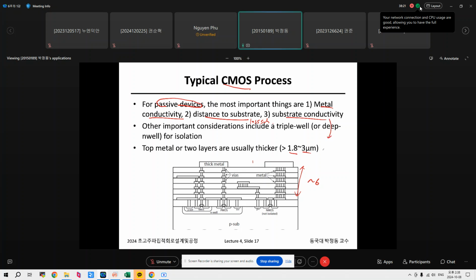Typically, substrate conductivity is around 10 Siemens per meter for a typical CMOS process. Why is the substrate of CMOS so conductive?